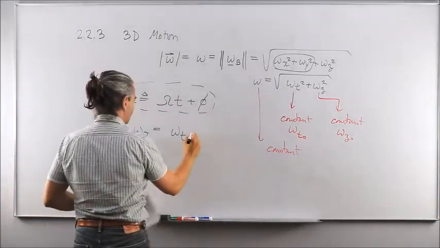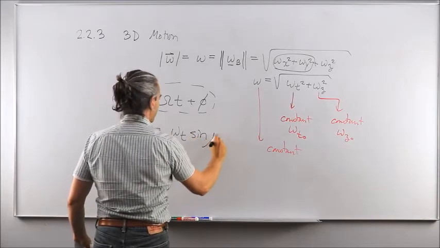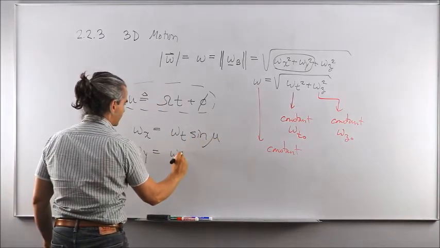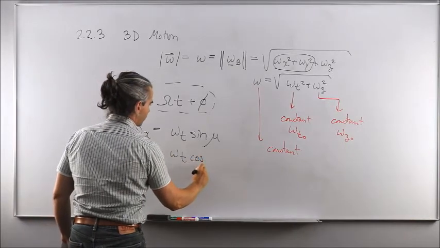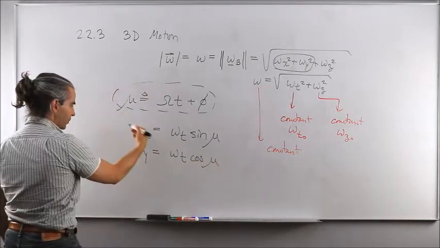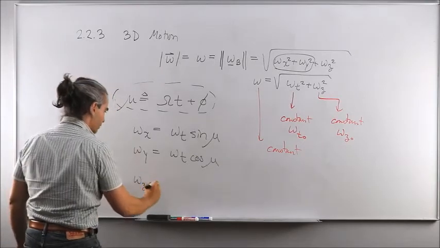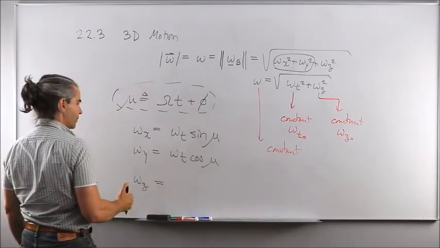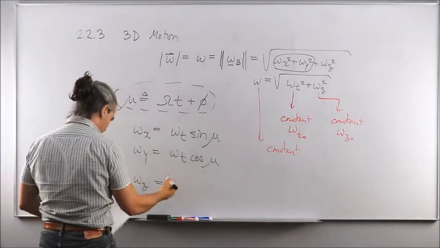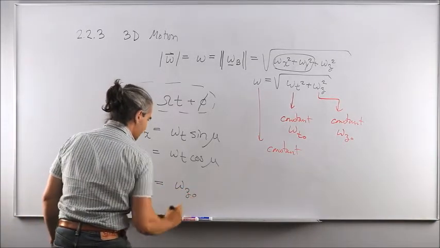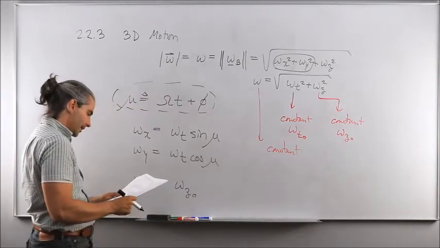So omega t times sine of mu, omega y equal omega t cos of mu. And for completeness, I'm going to complete the entire set of components for the motion of omega in the body fixed reference frame. I'm going to just report here what we had found previously, and that is that omega z is equal to omega z naught.